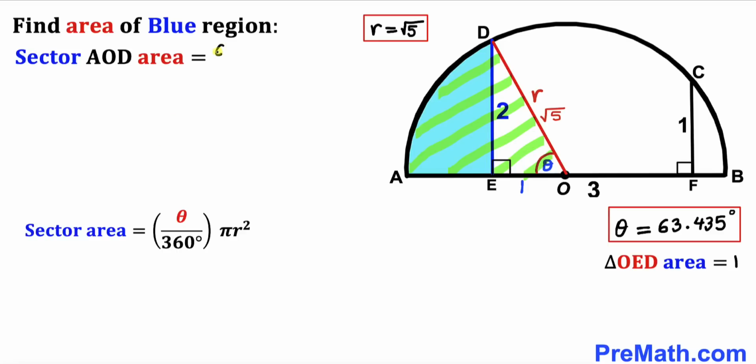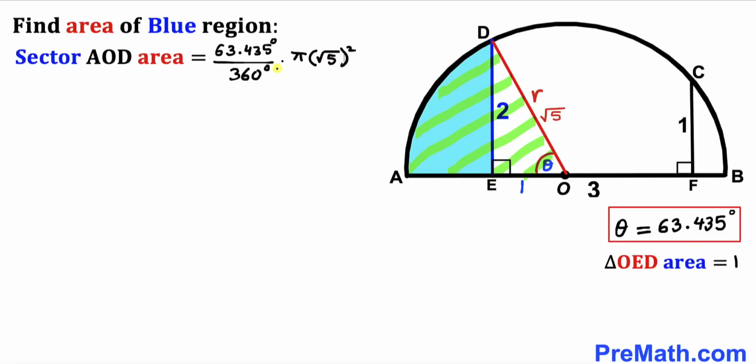Our angle theta is 63.435 degrees divided by 360 degrees times pi times our radius, square root of 5, whole square. If we simplify everything on the right hand side, the area of this sector AOD is approximately equal to 2.77. So the sector AOD area turns out to be 2.77.